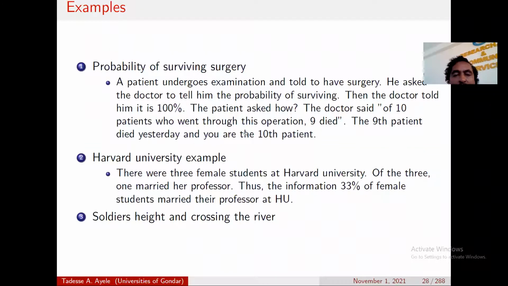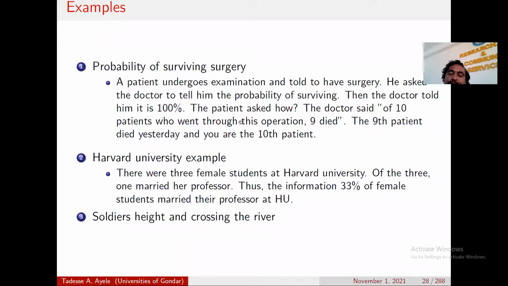The doctor tells him it is 100%. The patient asks how. The doctor says, of 10 patients who went through this operation, 9 died. The 9th patient died yesterday, and you are the 10th patient. So your probability of survival is 100%.